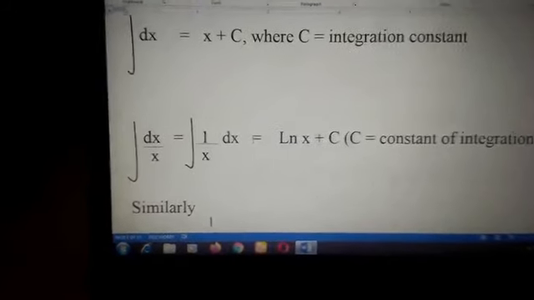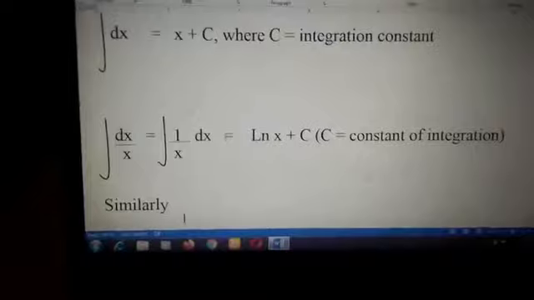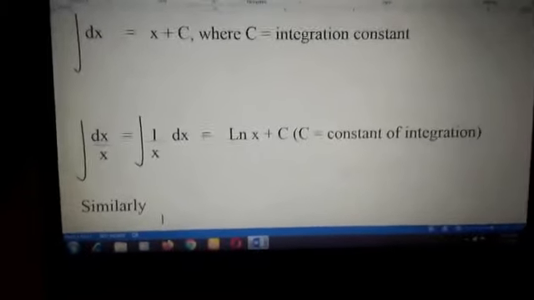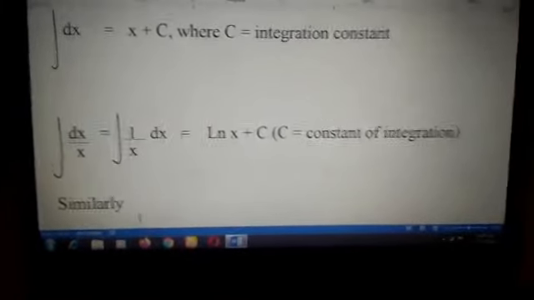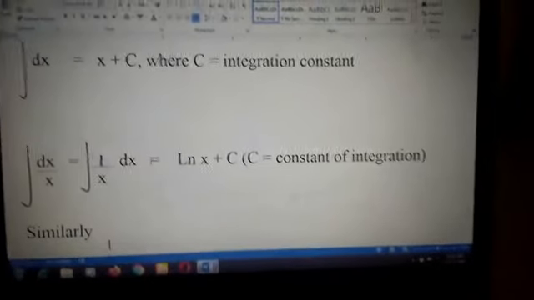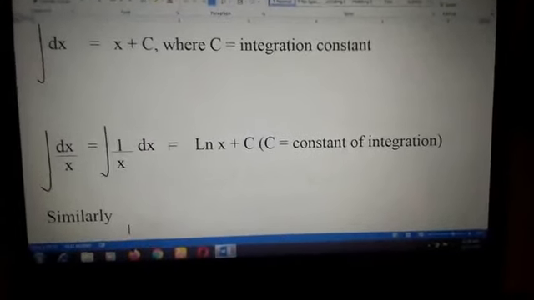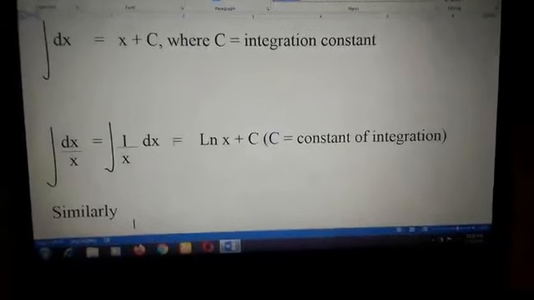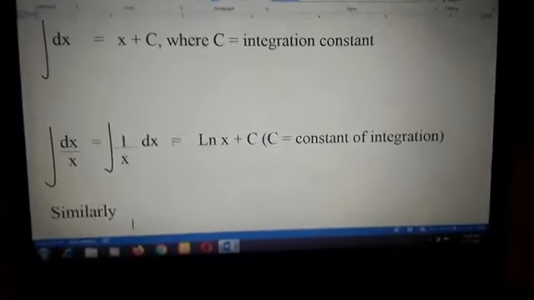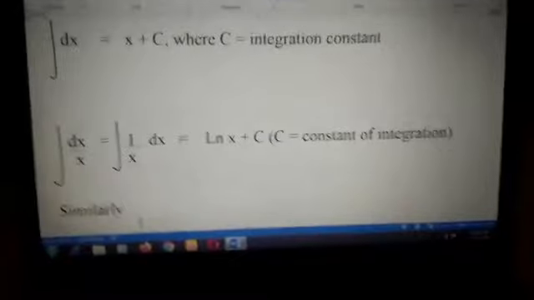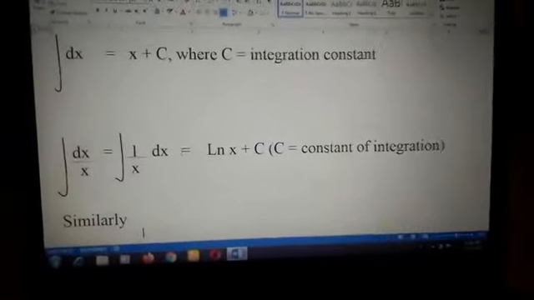The ds over s is the same thing as saying 1 over s ds. If you integrate 1 over s, it is a standard integral, you get natural log s, which I'll call ln s. If you integrate 1 over s, you get ln s plus c, where c is the constant of integration.